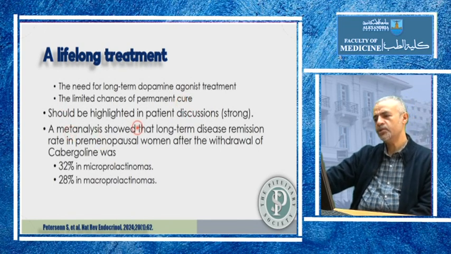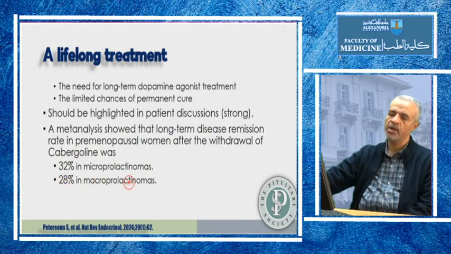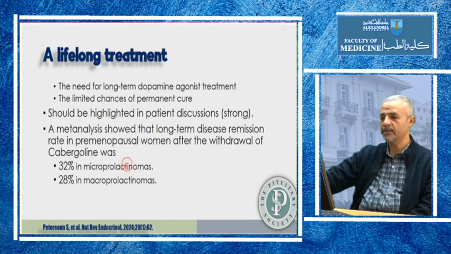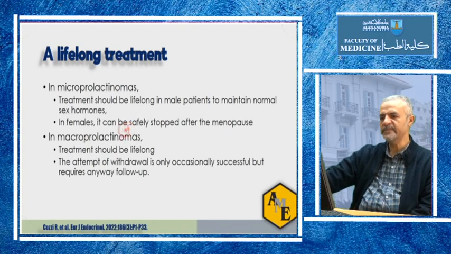A meta-analysis showed that long-term disease remission, that's to say long-lasting normal prolactin without dopamine agonist, can only be achieved in 30% of microprolactinomas and in 28% of macroprolactinomas, which means that almost 3 in 10 patients can achieve long-lasting remission without dopamine agonists.